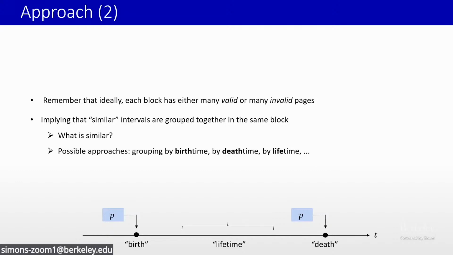To achieve this ideal picture, we're going to group similar intervals in the same block, and the question is, what's similar? You can think of three natural choices of similar. One is birth time, another is death time, and the third is just the lifetime, the length of this interval.